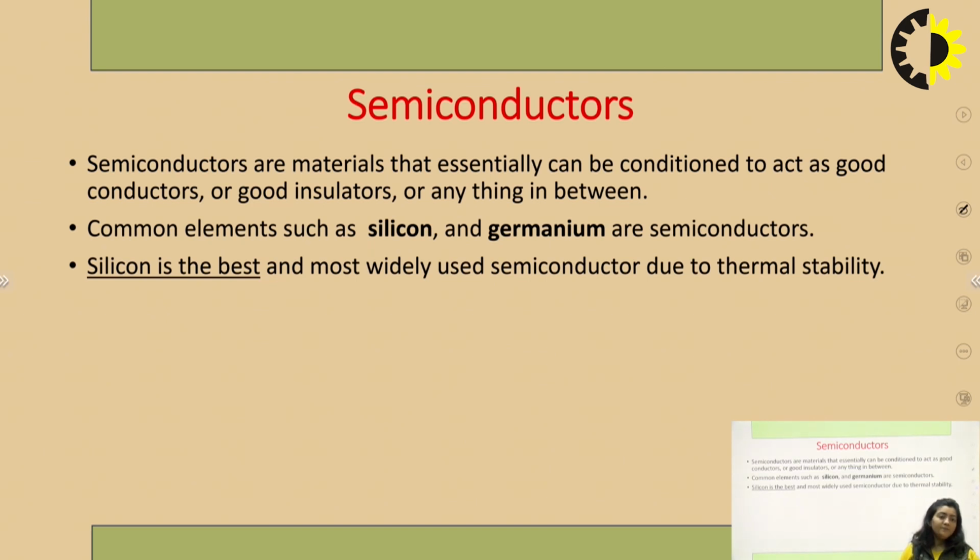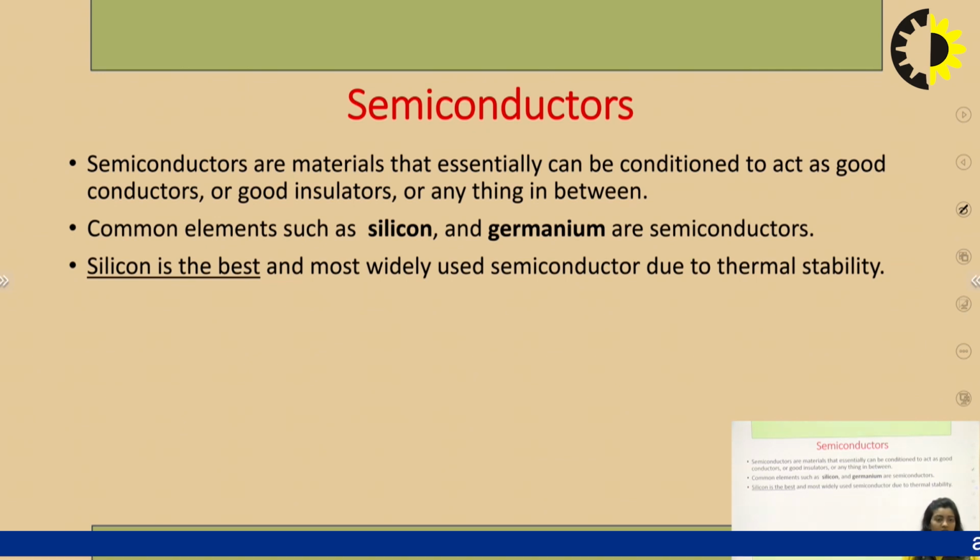It means as the temperature increases, it will not allow so much breaking of the bonds between the atoms. So silicon has higher thermal stability as we increase the temperature. So these are the semiconductors.